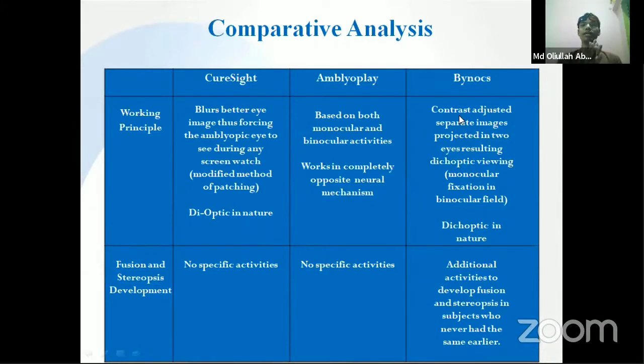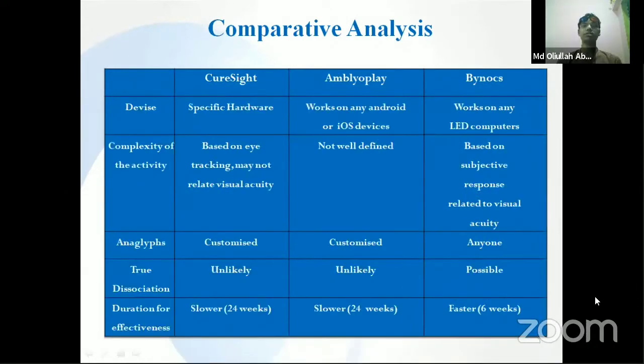As you know, blurring makes day-to-day activities very difficult. The major change with this program is that fusion and stereopsis development is possible with this contrast adjustment program, which is quite impractical in the other forms of activities.